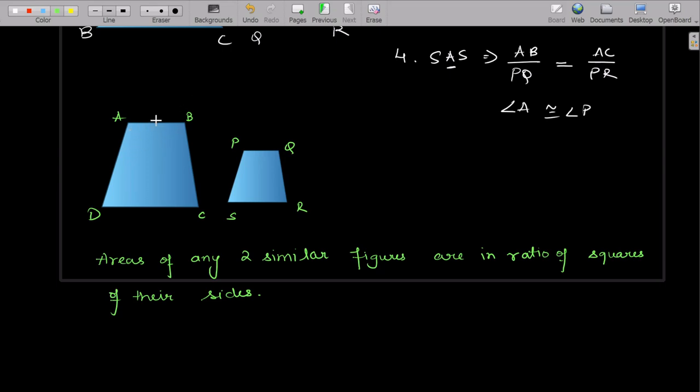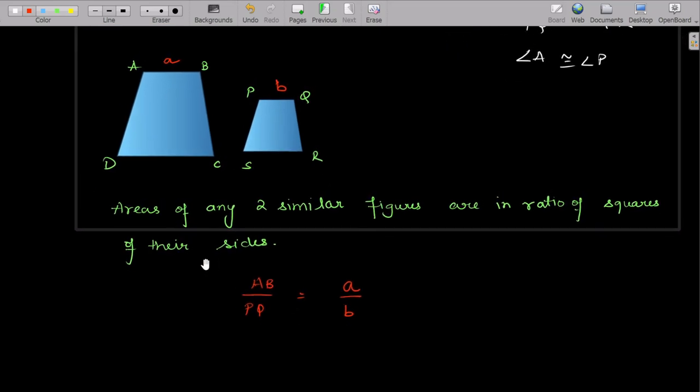So if there is a ratio of A is to B, let's say this is A, this is B, their sides are in that ratio. What's the ratio of AB and PQ? A over B, right?